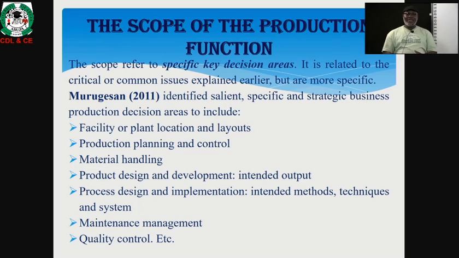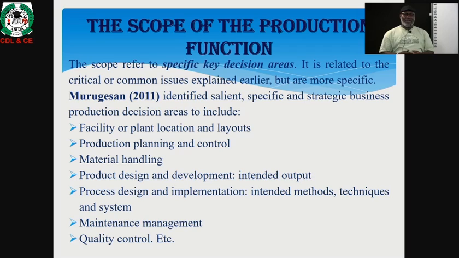In designing and developing the product, so many variables are involved, including packaging, size, color, texture, taste, and what have you. The intended output must be carefully done in such a way that satisfaction will be derived by the consumer or the customer.